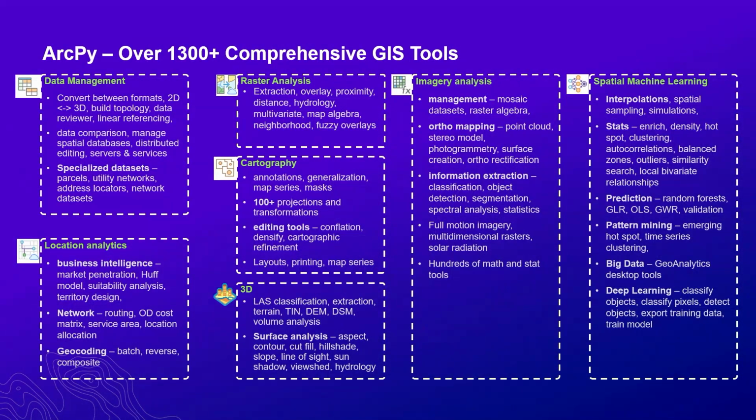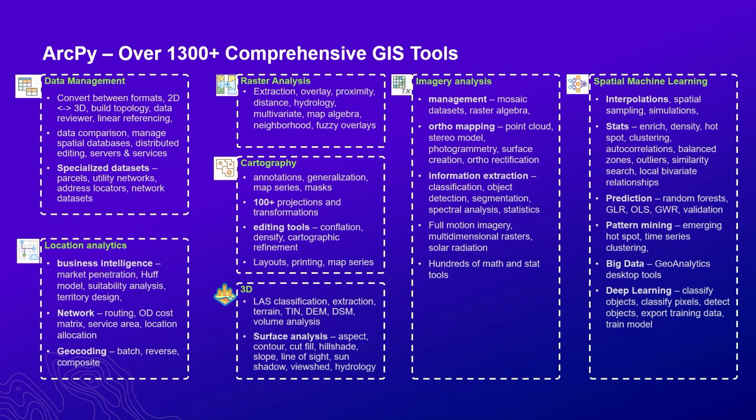In ArcPy, we have over 1,300 functionalities and tools to do different kinds of work. If you look at the different groupings here, you can see that we have data management, location analytics, cartography, 3D, and an exciting one, machine learning. All of these are packaged together in ArcPy. But here we're going to talk about the two key important things to us, which are raster analysis and imagery analysis.